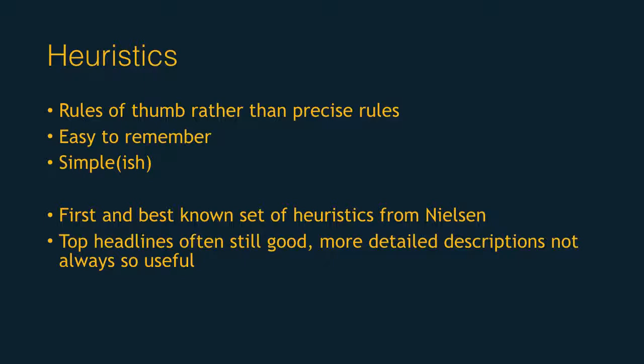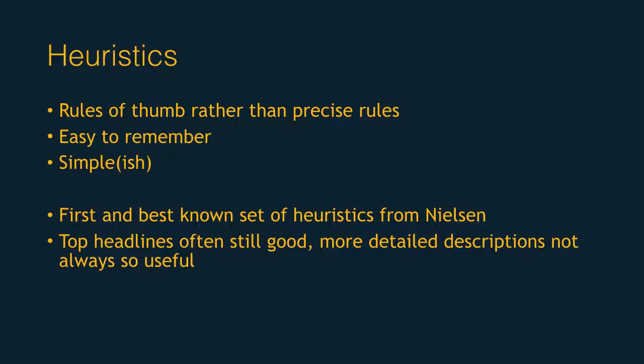So the heuristics, the idea is that these are not hard and fast rules, but general guiding principles of what a good interactive system should be like, that are easy to remember and relatively simple.